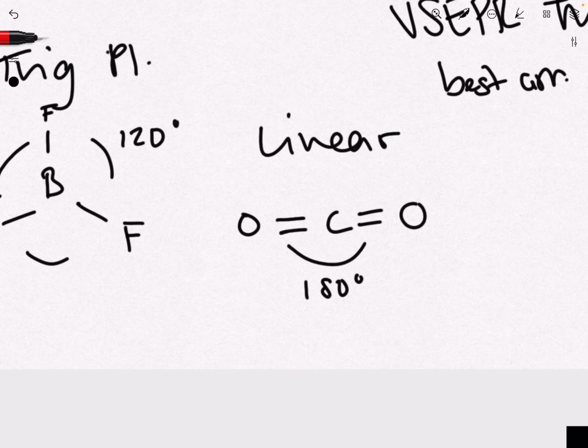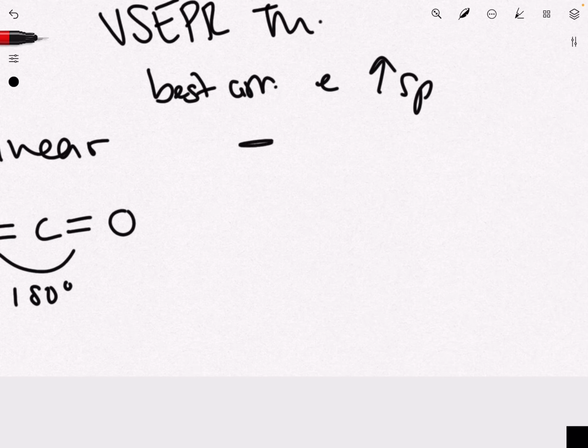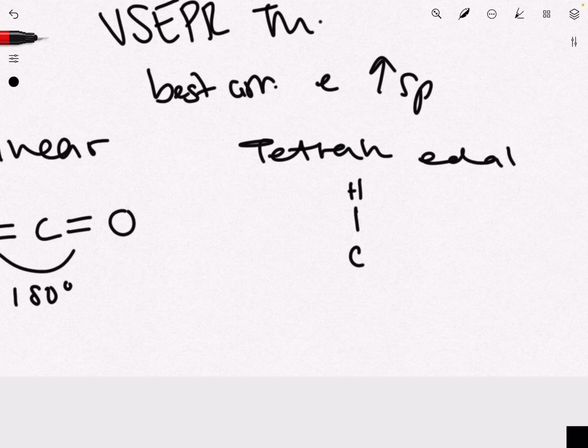Next up, we have a tetrahedral structure. So a tetrahedral structure is a little bit more complicated to draw out because we have to be able to demonstrate that this is in fact a 3D structure.